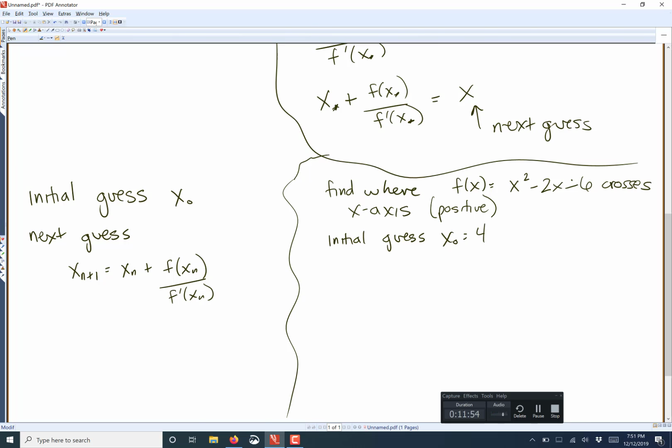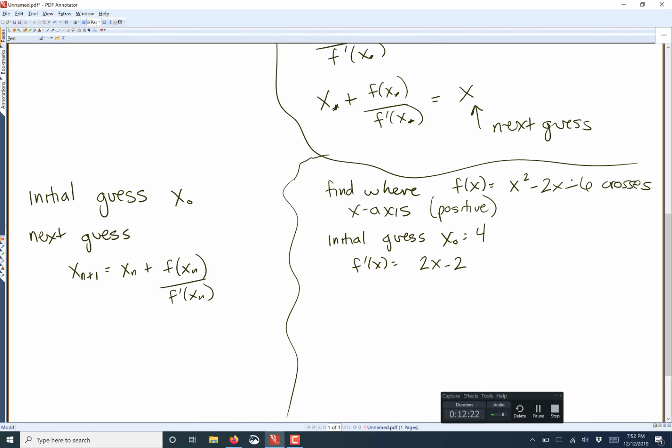So let's try this formula. First though, I will need to find the equation of the derivative. Just in general, the function is x squared minus 2x minus 6. Sorry, that's my function. The derivative is 2x minus 2.